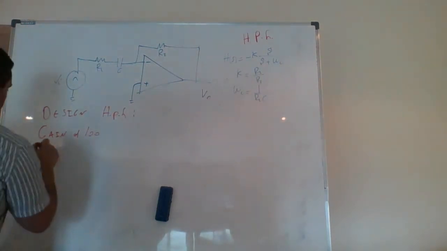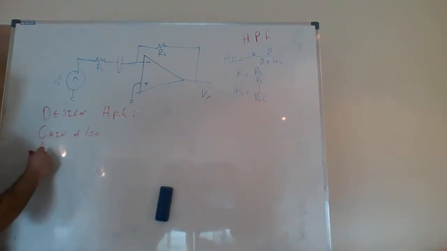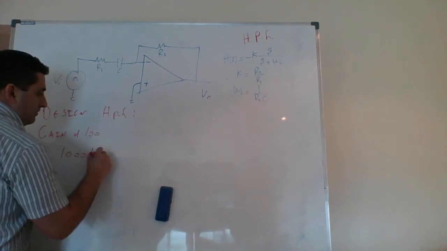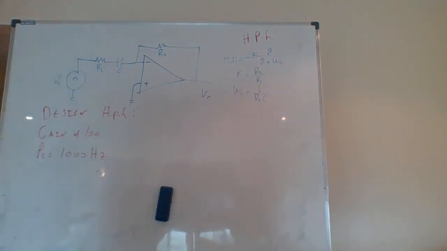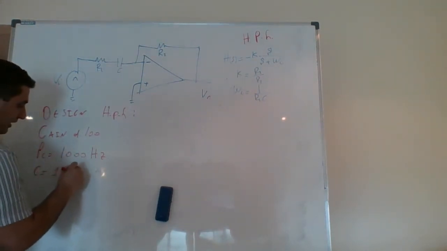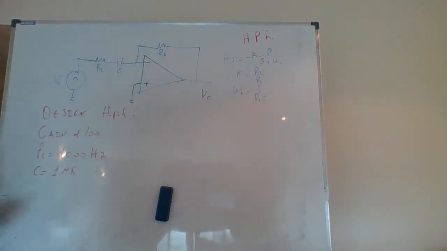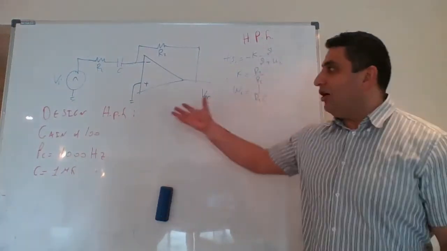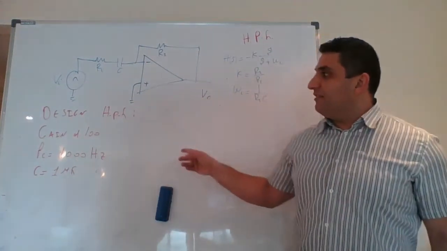The cutoff frequency is 1000 hertz. And I only have one capacitor, 1 microfarad. I have plenty of resistors. I have an op-amp. I need to design an active filter.